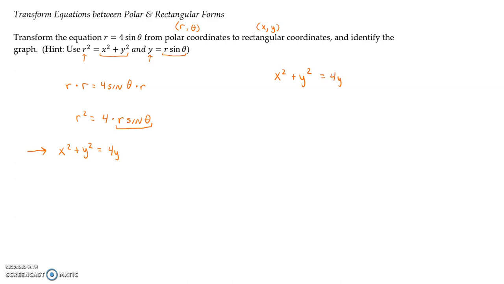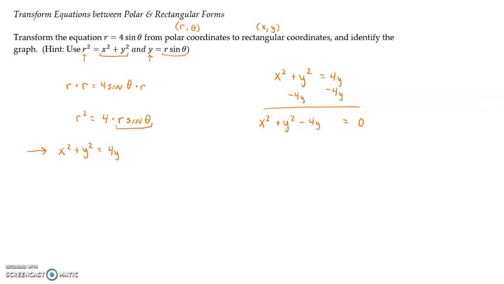I'm going to subtract 4y from both sides. And this is going to give us x squared plus y squared minus 4y equals 0.